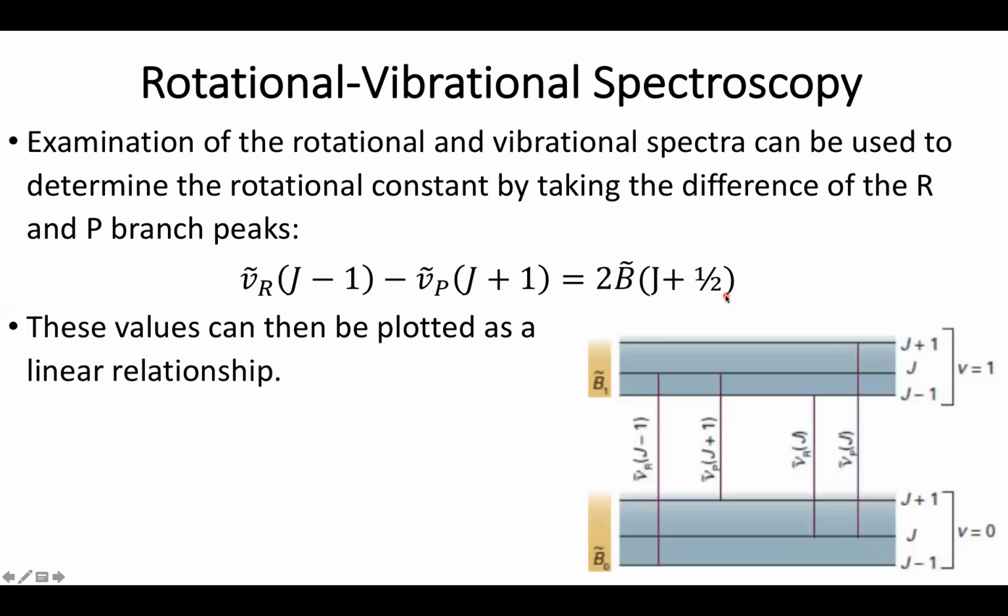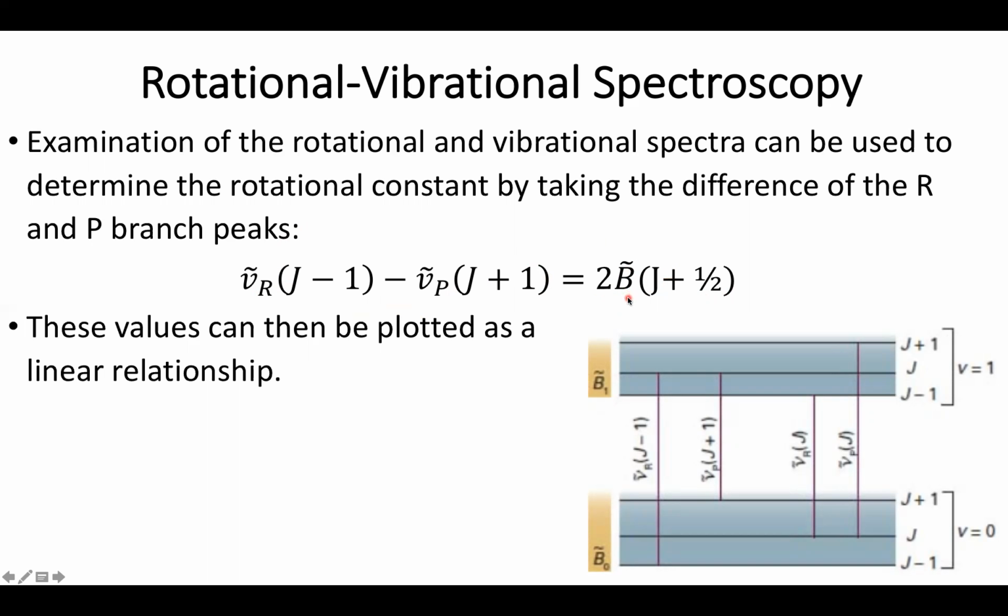Now, what's really nice about this is that these values can essentially be calculated and then plotted versus J to generate a linear relationship. And it turns out physical chemists love themselves a good linear relationship. So you should be able to get an intercept of our rotational constant and a slope of twice our rotational constant.